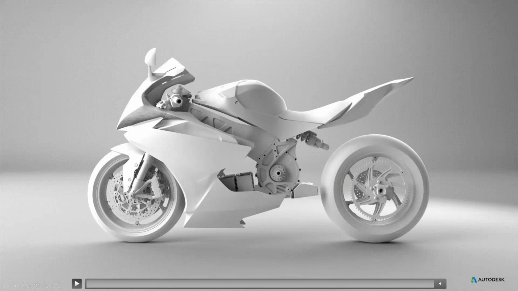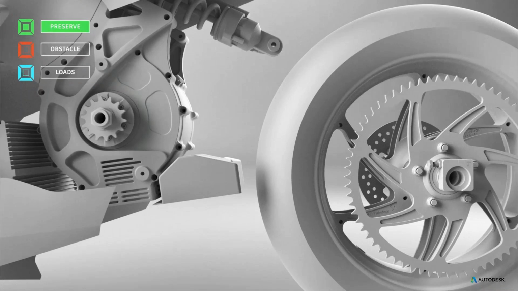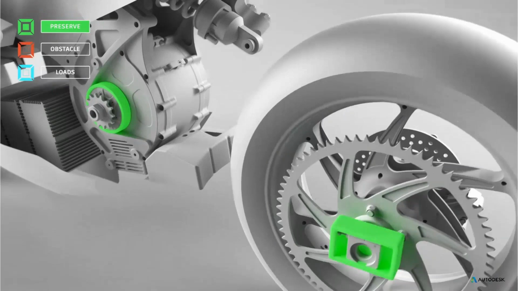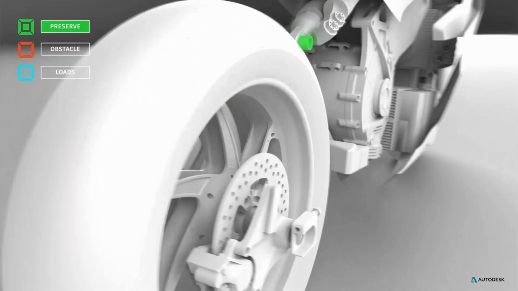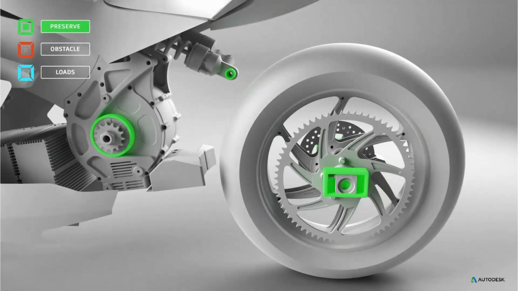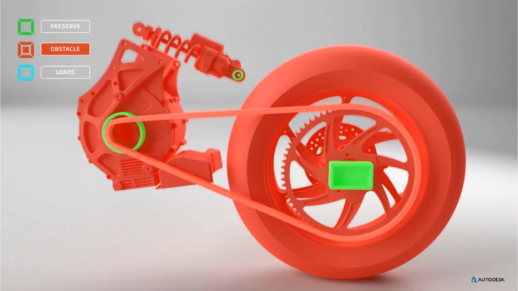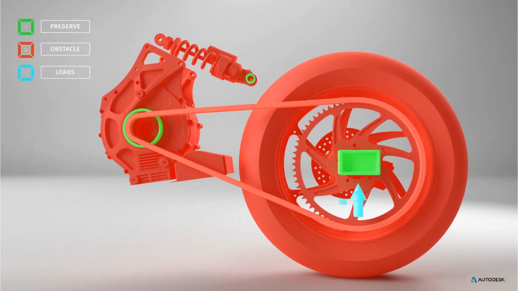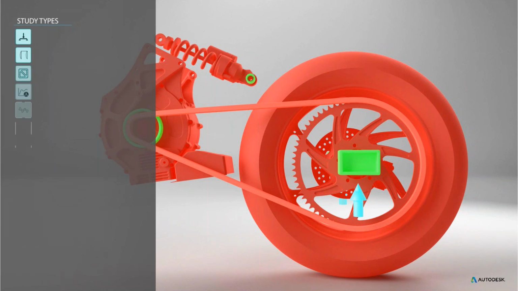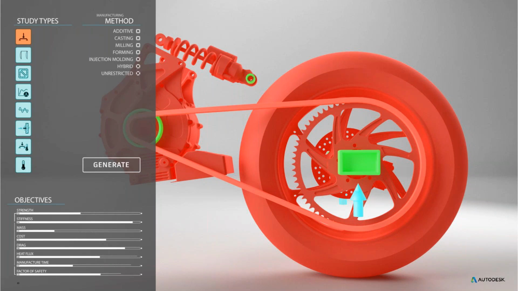So from here, we can quickly create the preserves and obstacles and we can start solving. Again, looking at this swing arm, we can quickly call out the preserved geometries and what those are. We can then create the obstacle geometries, again, telling generative design what to avoid. We start applying our loading conditions.